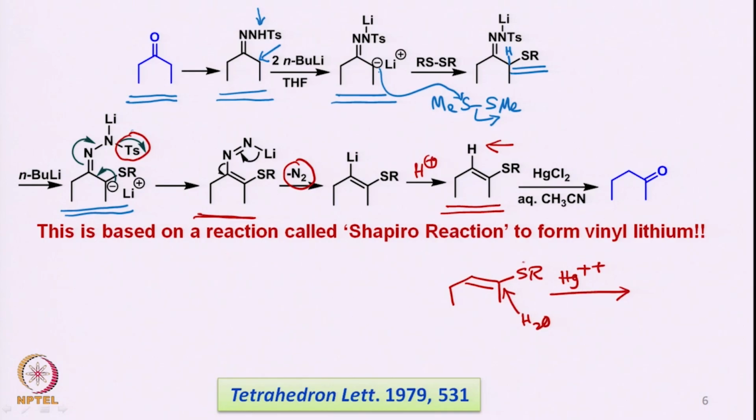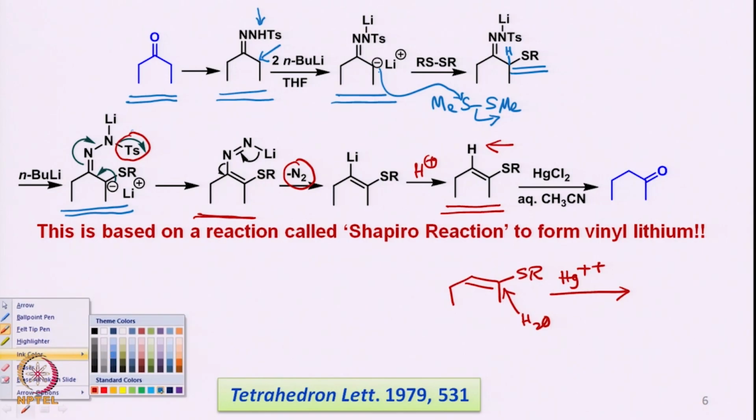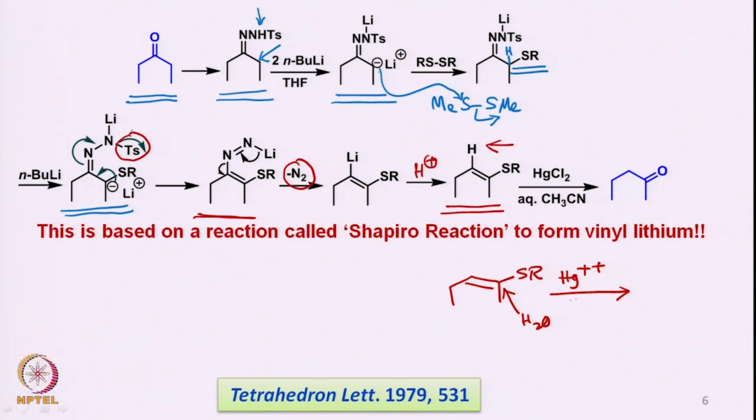So you have complexation of the mercury onto the sulfur, making this particular bond relatively weak, and then the attack of water allows the formation of the corresponding enol, and so you have ketone formation.